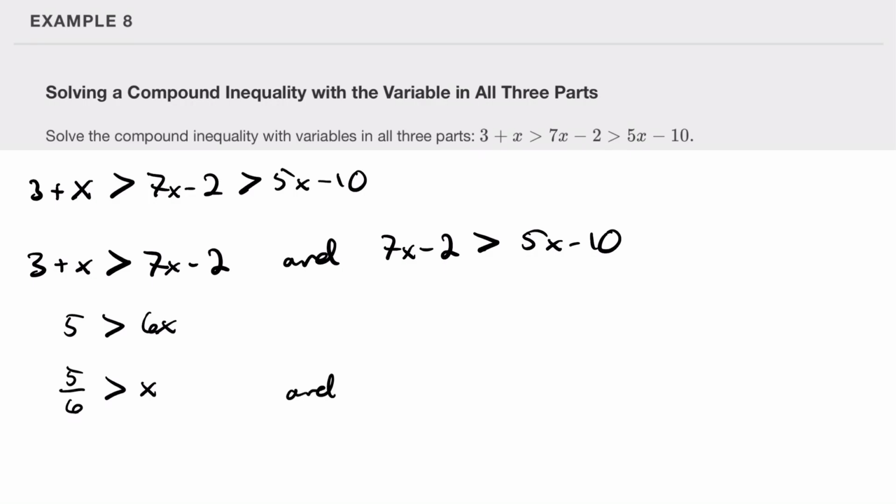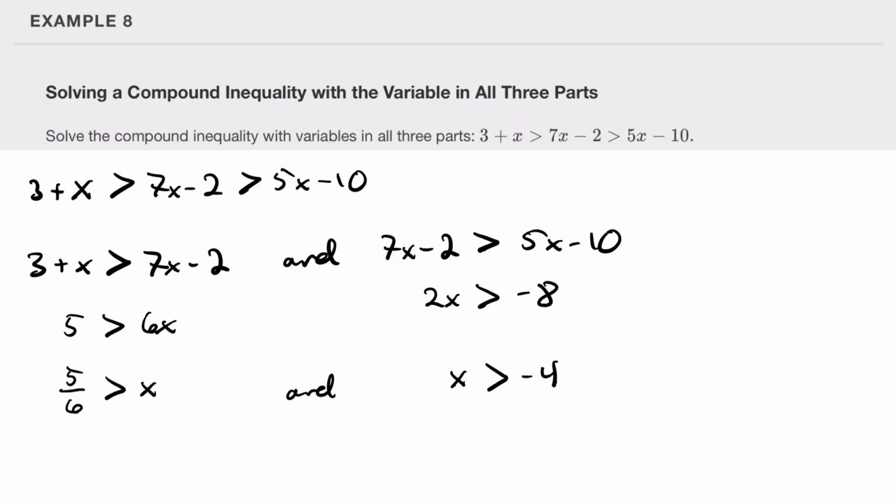And here, I'm going to subtract my 5x. It'll give me a 2x. I'm going to add 2. That gives me a negative 8. And then divide both sides by 2. Negative 4, okay?